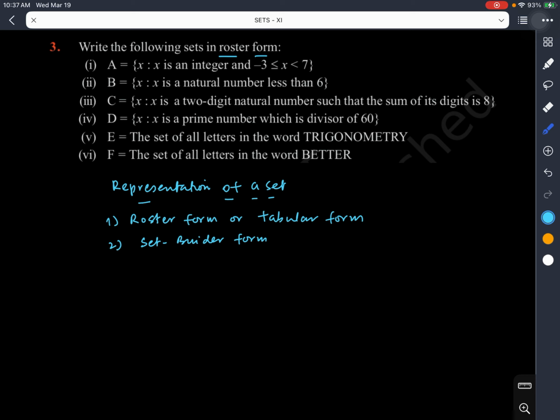Because in this question we have to write these sets in the roster form, let us try to understand what roster form is and how it works.